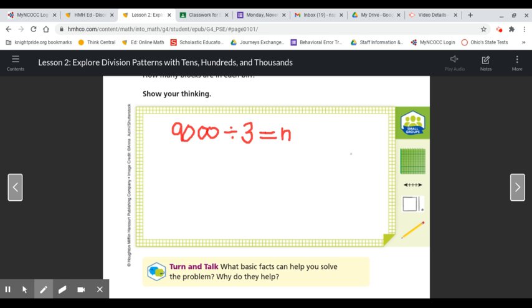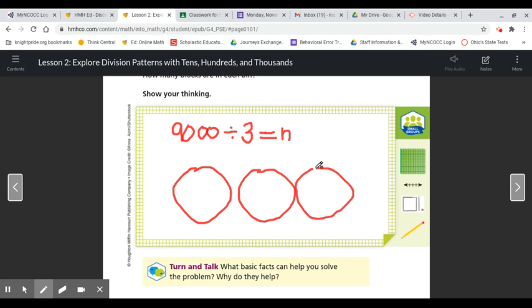Okay, so to help us think about that, if we have 9,000 blocks, we're dividing them into 3 groups. I'm going to make 1, 2, 3 groups. And I'm going to represent the number 1,000, since I have 9,000 here, with a T to show 1,000.